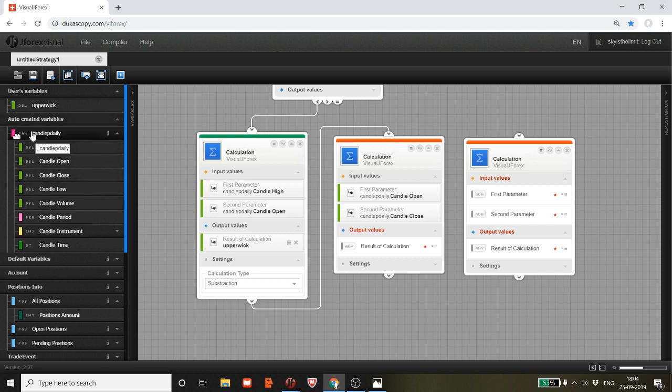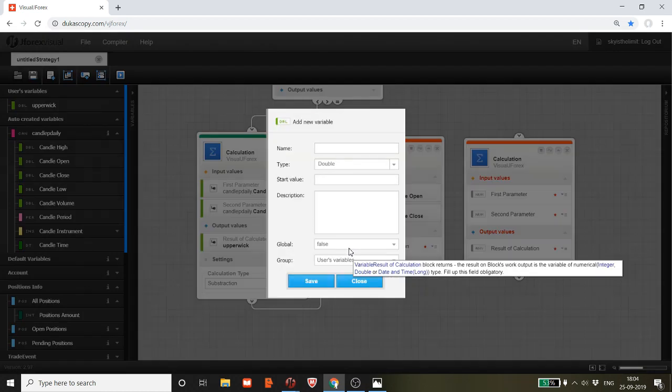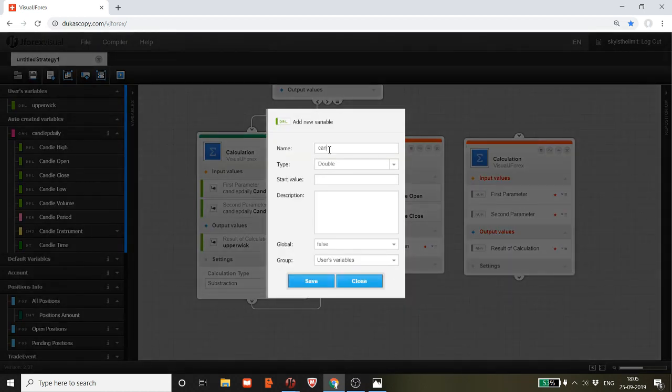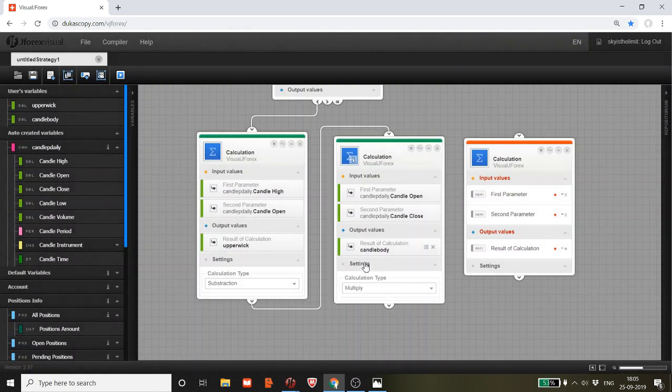All the variables which we have created are available on your left side in the variables panel. Now this will be candle body. Name the variables appropriately so it will be easy for you to modify whenever the need arises. Change the settings to subtraction. So candle open minus candle close, we will get the body of the candle.